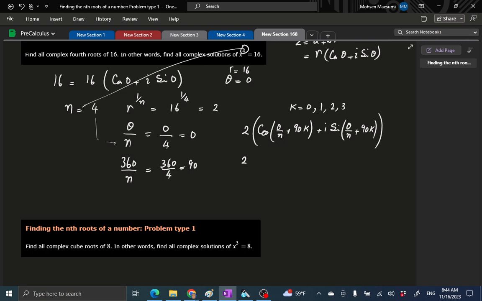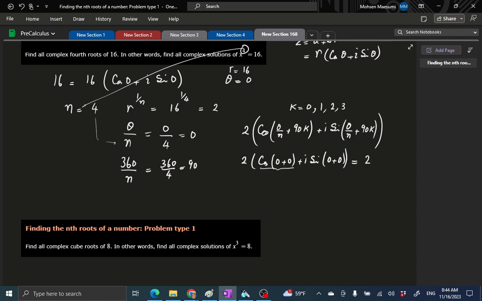So I will have twice cosine of theta over n, which turned out to be 0 in our problem. If this is also 0, so twice cosine of 0 plus i sine of 0, that is a very lengthy way of saying just 2.